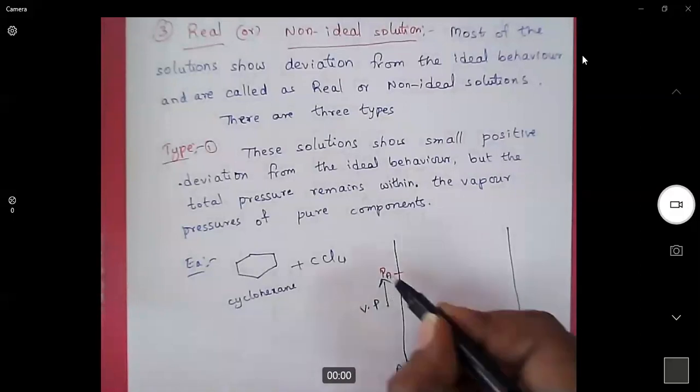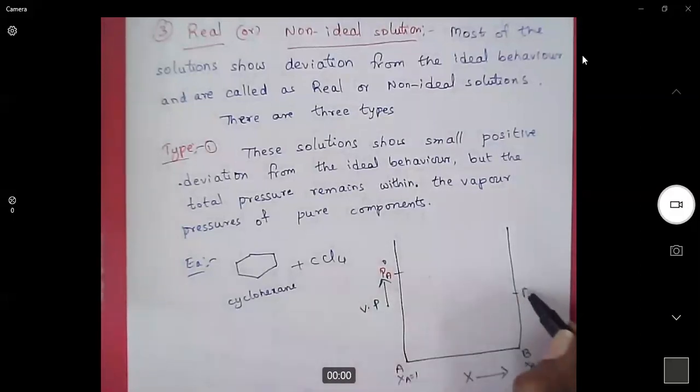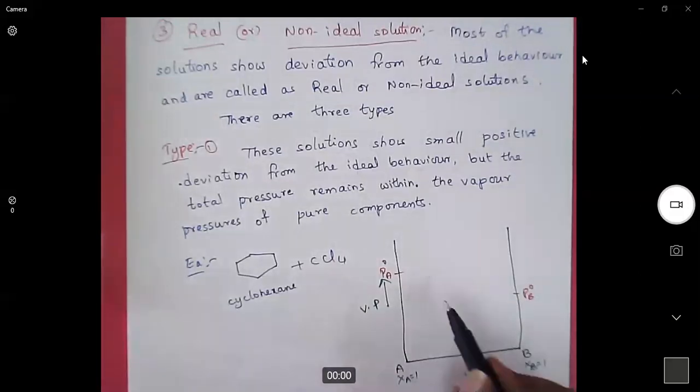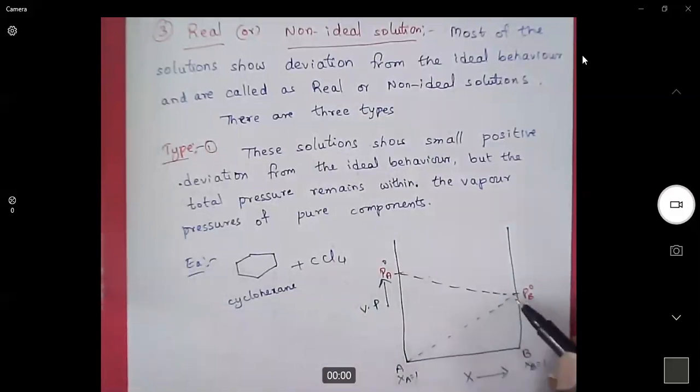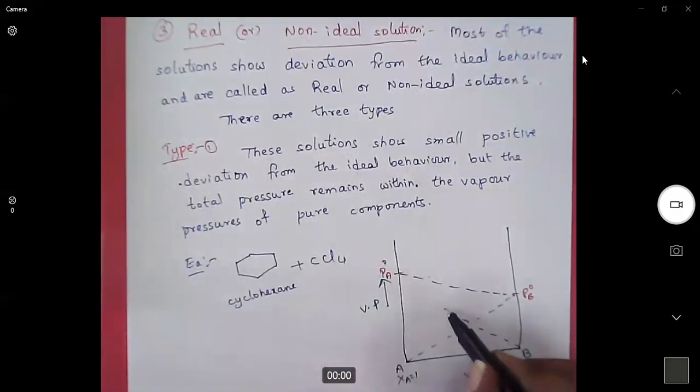What are ideal solutions? Ideal solutions are the components which show this type of character. That means the total pressure of the solution will be equal to the sum of the partial pressures of both components A and B at any point of time.